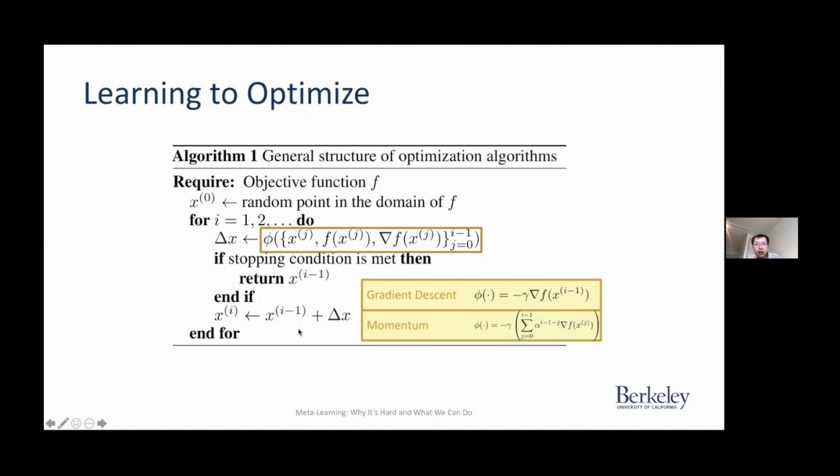Gradient descent and momentum, for example, can be viewed as different update formulas. In this work, we are thinking about replacing that with a parametric model, and then training those parameters to achieve the fastest convergence.